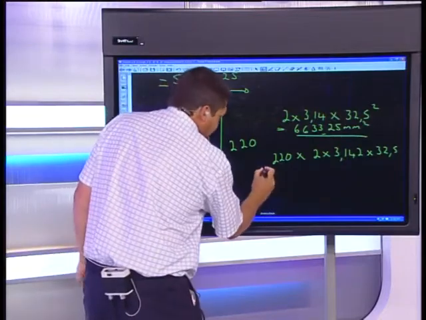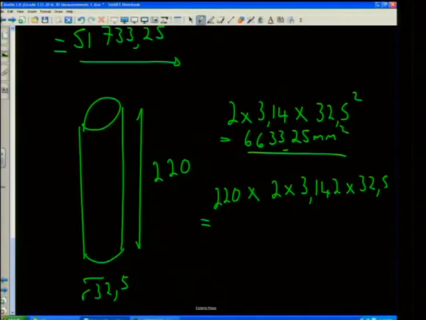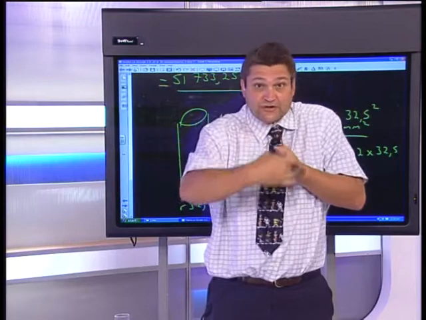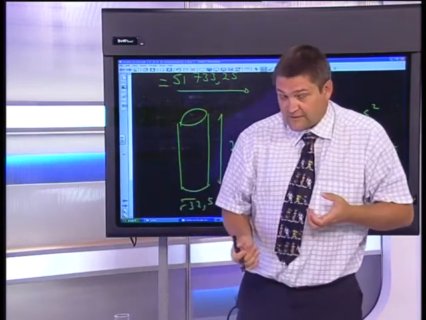Now, let's calculate the area of the rectangular part, but remember this time we didn't measure it. We used the circumference as the length of our one side.